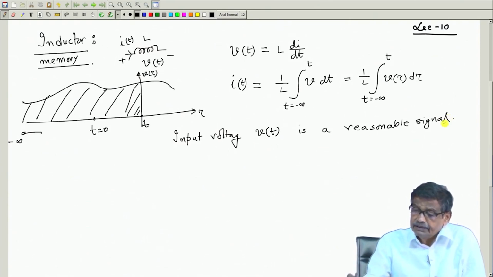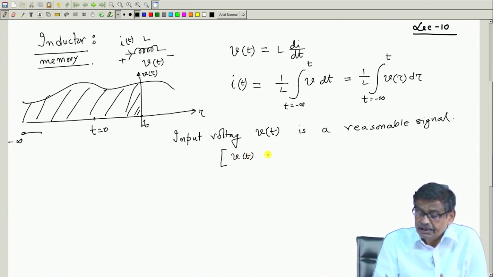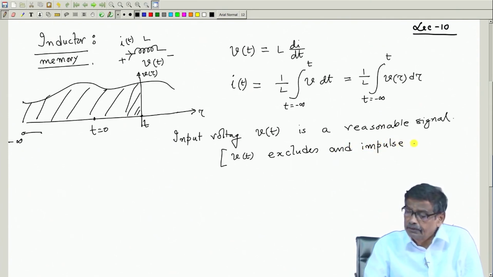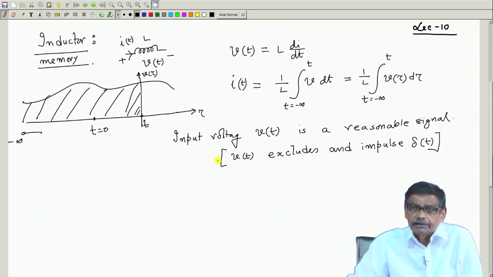Input voltage is a reasonable signal, that is, V(t) I will exclude an impulse signal for the time being. Your input signal could also be an impulse signal, which is generally denoted by delta(t), but except for that, we are discussing now at present.